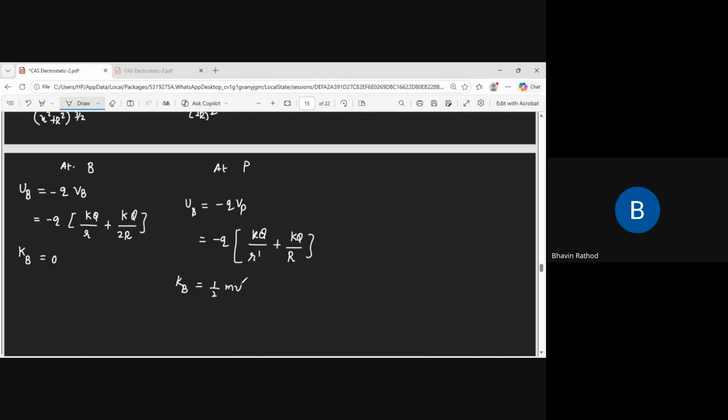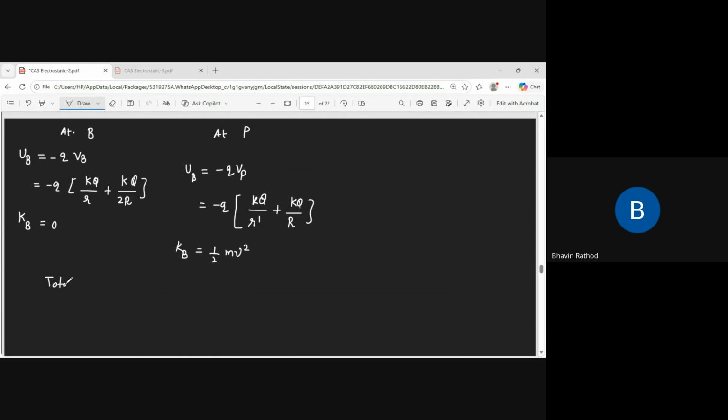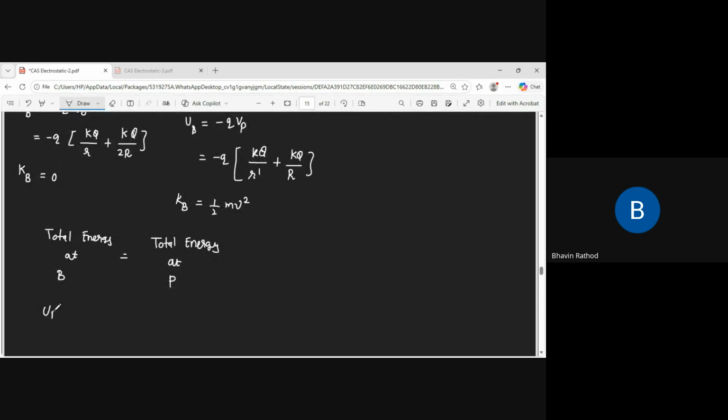Half mv squared. And now we'll say that the total energy at point B will be equal to total energy at P. So UB plus KB is equal to UP plus KP.